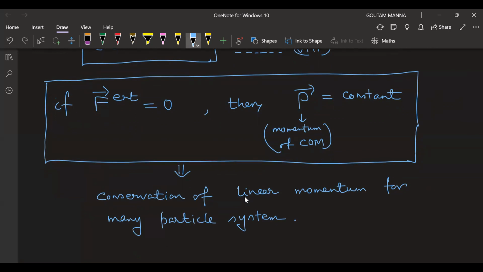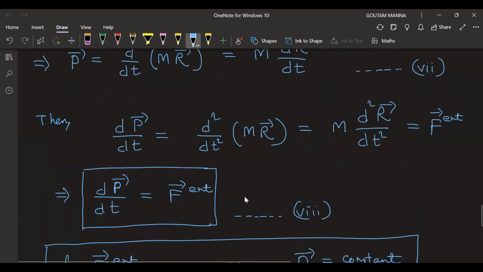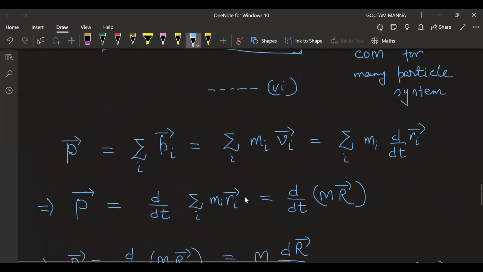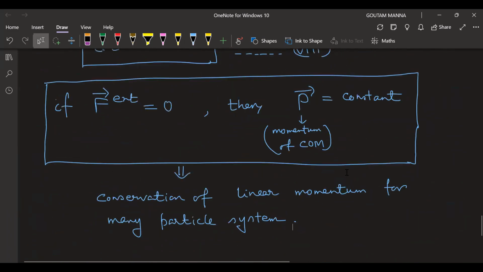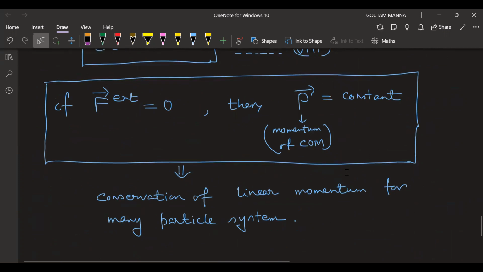This equation tells us that if we have no external force, the momentum of the entire system, P, the sum over all p_i, will be constant, will be conserved.